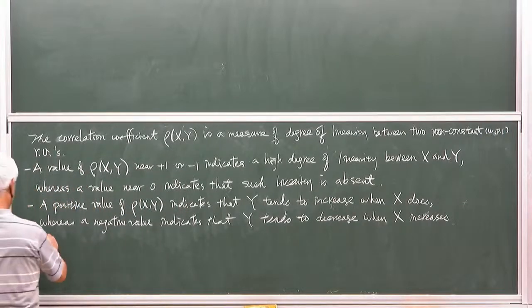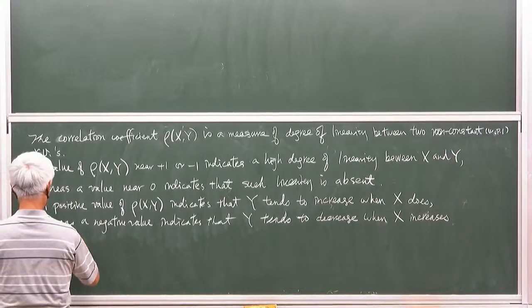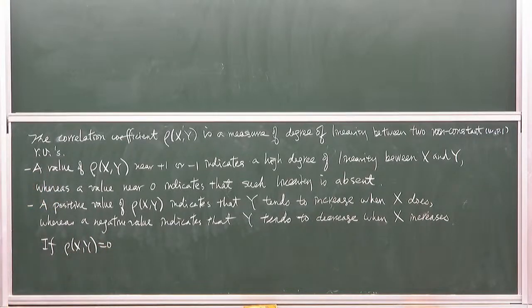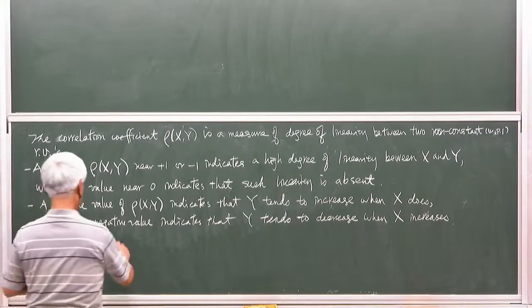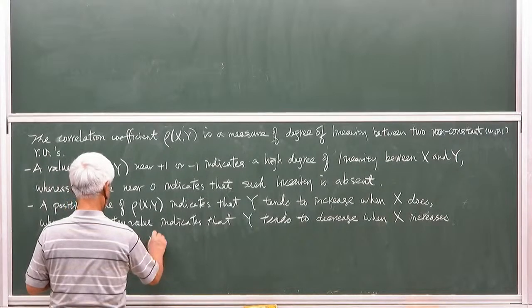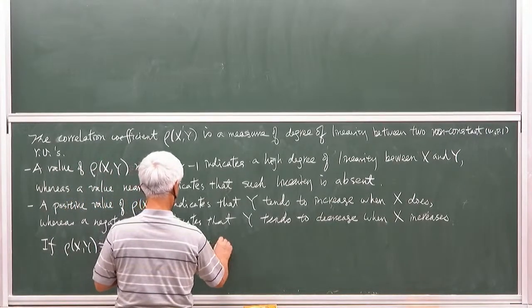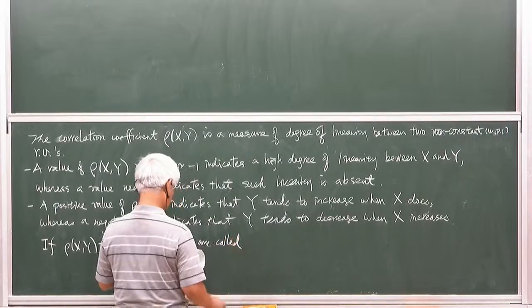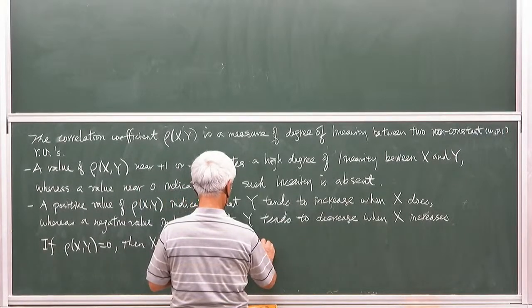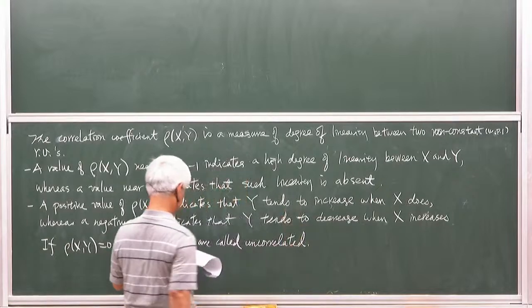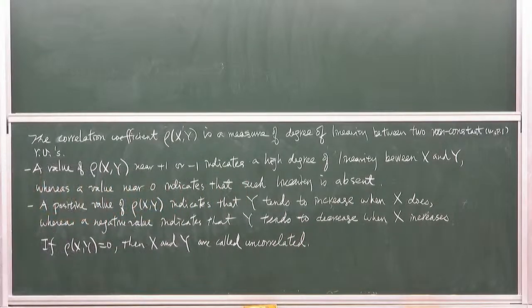Now, a definition: if the correlation coefficient is 0, then x and y are called uncorrelated.